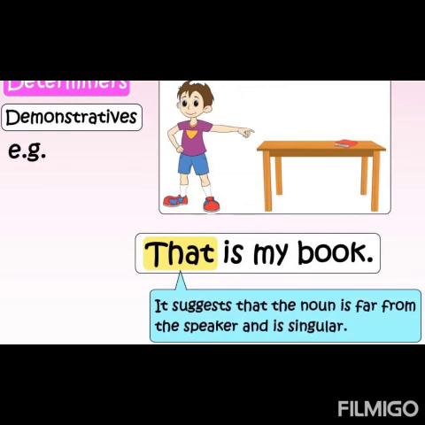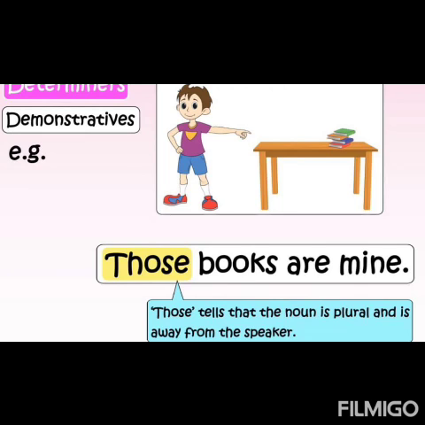That is my book. That is again a demonstrative determiner, and it suggests that the noun is far from the speaker and is singular. Those books are mine. Those tells that the noun is plural and is far away from the speaker.